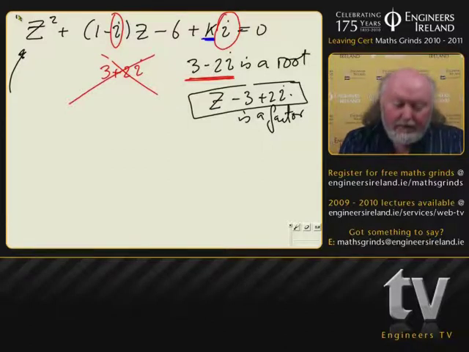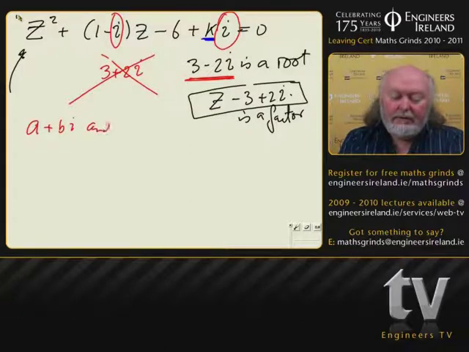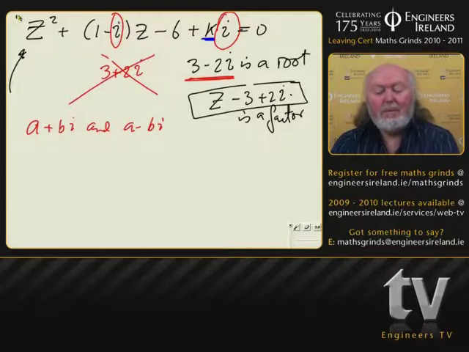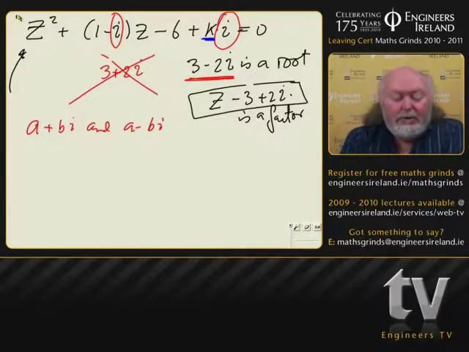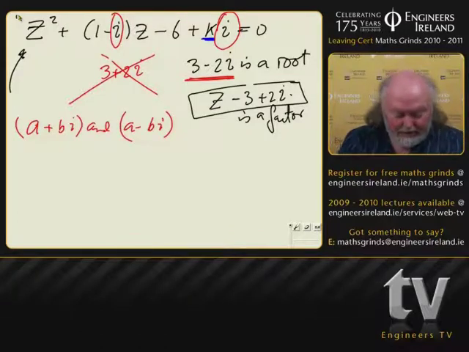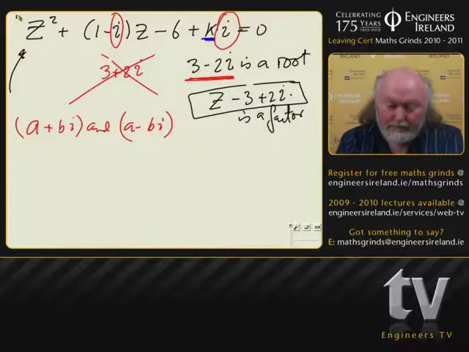Let's say that we have an a plus bi and that a minus bi, this conjugate pair, that they are actually roots to an equation. We can multiply them. And when we multiply them, we're just going to get a squared plus b squared.